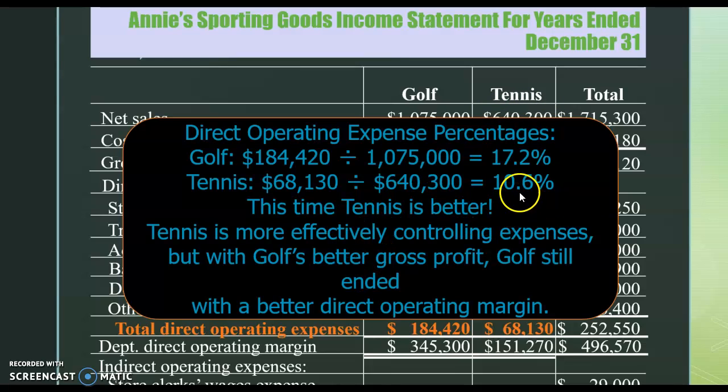This time tennis is better. In other words, we don't want a bigger number, we want a smaller number. This is the percentage of expenses. And so tennis had a lower percentage of direct operating expenses, so the tennis departmental manager did a better job of keeping their departmental expenses down.